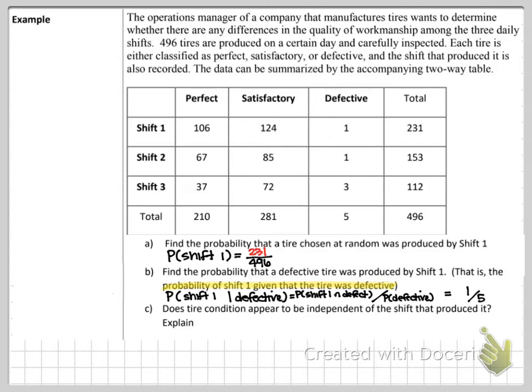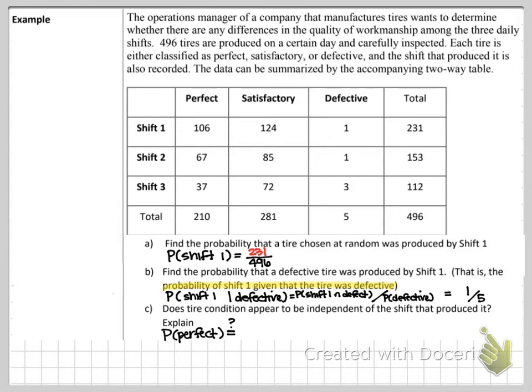So if we take a look at this, there are so many different tire conditions in this problem. So my recommendation to you is to just pick one. So let's do perfect. So I could do probability of perfect, and I'm going to let that be my event B. Now I want to think about independent of shift.